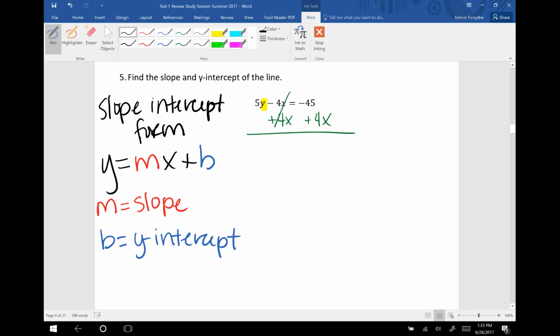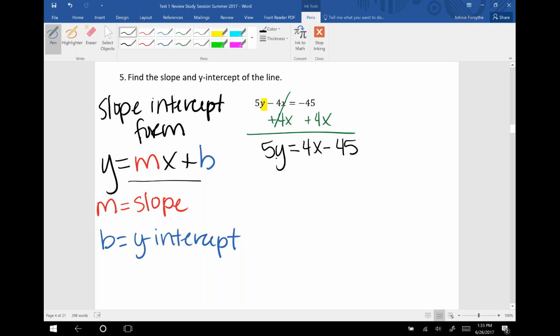I'm going to bring down my 5y equals. Now, because I want it to be in this form, I'm going to write the 4x first. Then I'm going to write -45, because I want my equation to look just like y equals mx plus b. I don't want to say b plus mx.